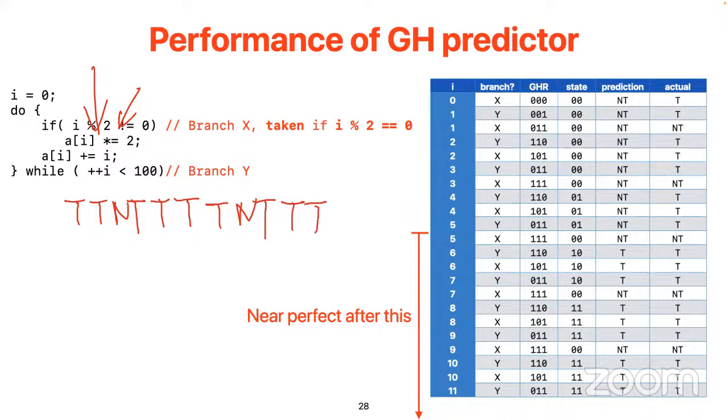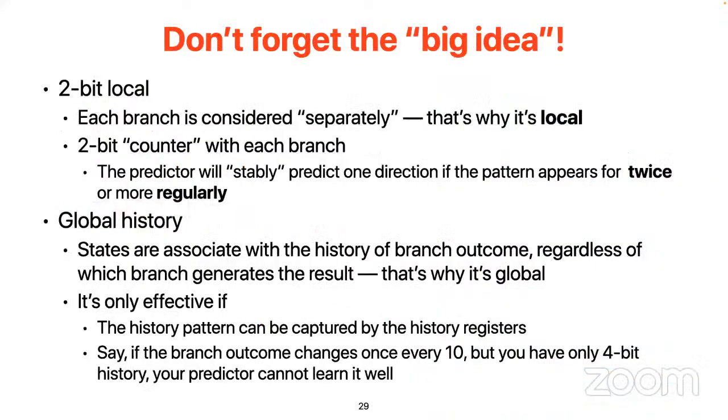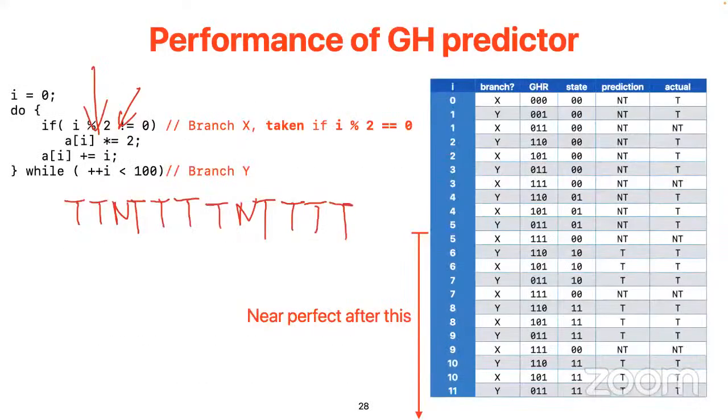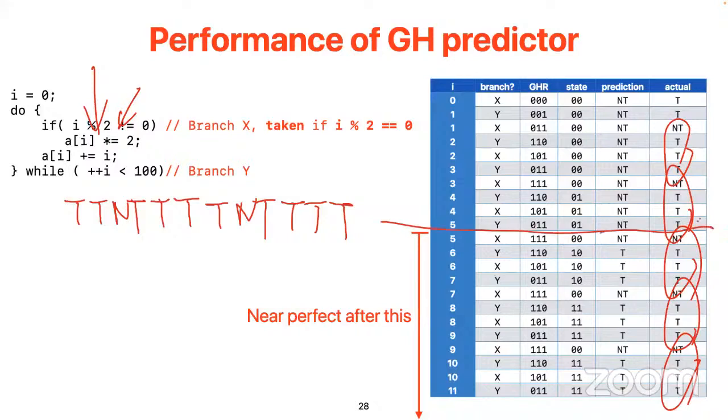So you will see this pattern goes on. And as you can see from this table, it's indeed the case that the actual outcome will be like that. And if you establish a global predictor, after we get it well trained, the same pattern can be predicted through that.